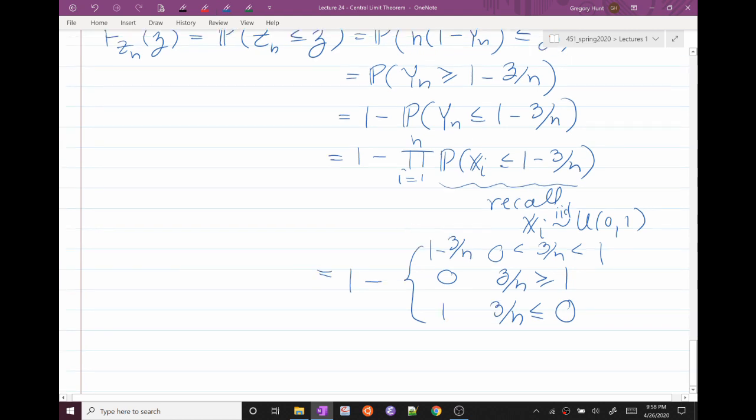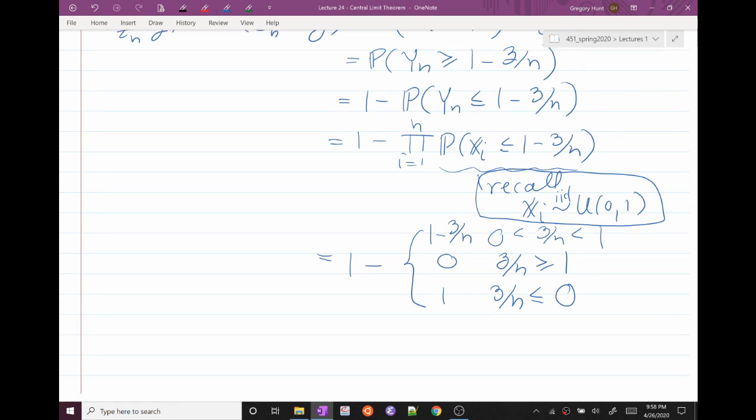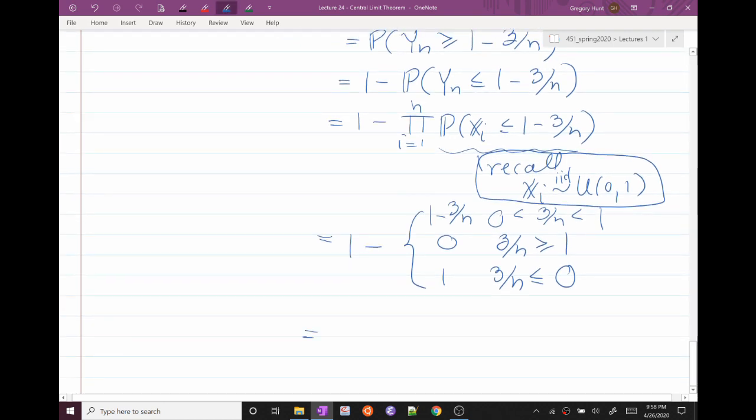This comes from plugging into the CDF of an IID uniform 0, 1. And so we can write this in a less crazy way. Let's combine these: it's 1 minus z over n.